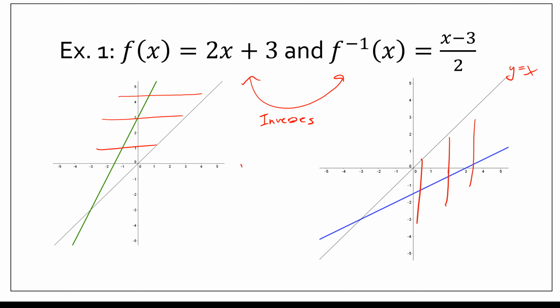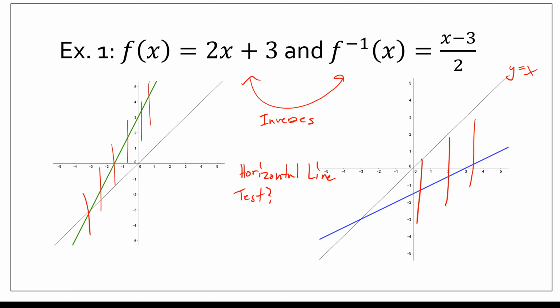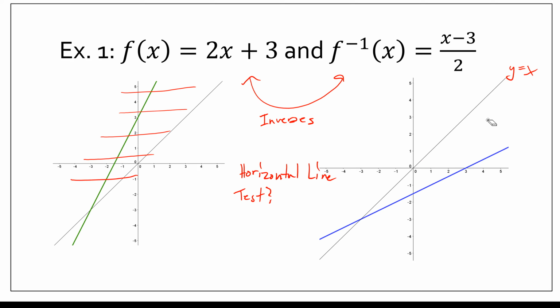So what does the horizontal line test tell me? The horizontal line test tells me if the inverse is a function. So I use the vertical line test to see if this thing that's right in front of me is a function. I can use the horizontal line test: if I only go through one point horizontally, I know that on the vertical line test for the inverse, I'll only go through 1 point vertically.